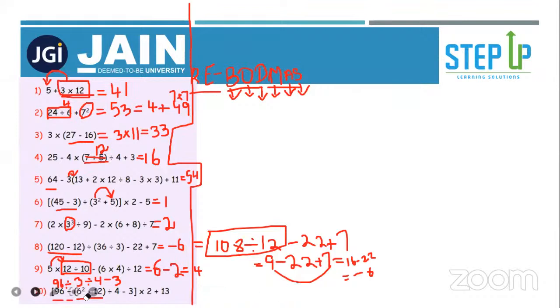Maybe everybody would have changed by taking this as a division or subtraction. That's all. I have taken this as division. Only in that this changes. If you have taken this as a division, the answer is different. If you have taken this as subtraction, the answer is different.